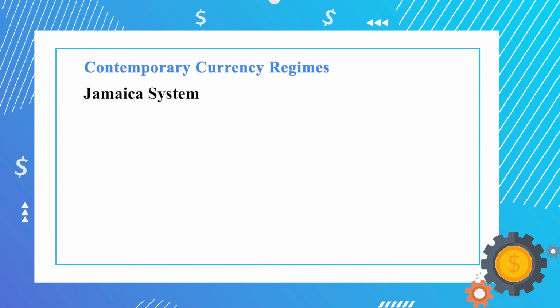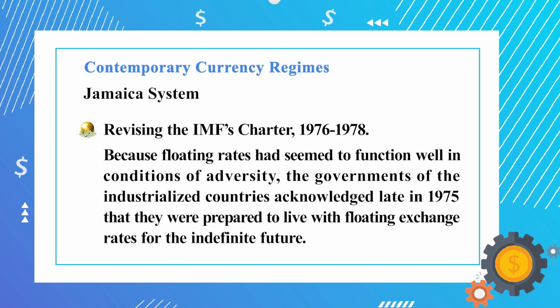After the collapse of the Bretton Woods system, the exchange rate system in most Western countries began to float. Because floating rates had seemed to function well in conditions of adversity, the governments of the industrialized countries acknowledged late in 1975 that they were prepared to live with floating exchange rates for the indefinite future.